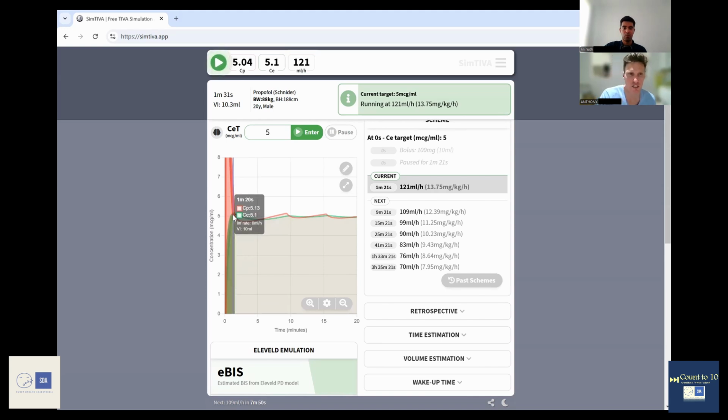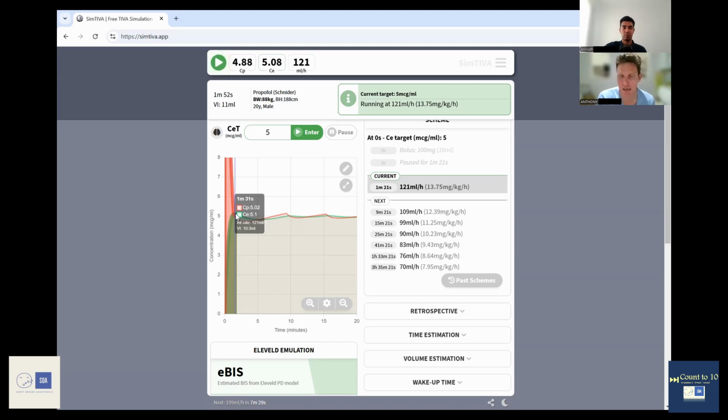Because as you can see on the SimTiva, the plasma line goes way up, and then it starts to decay, and then your effect site concentration starts to approach. And then once both of them meet at 5, then the pump starts giving a variable rate infusion, and it tries to maintain the dose in V1.